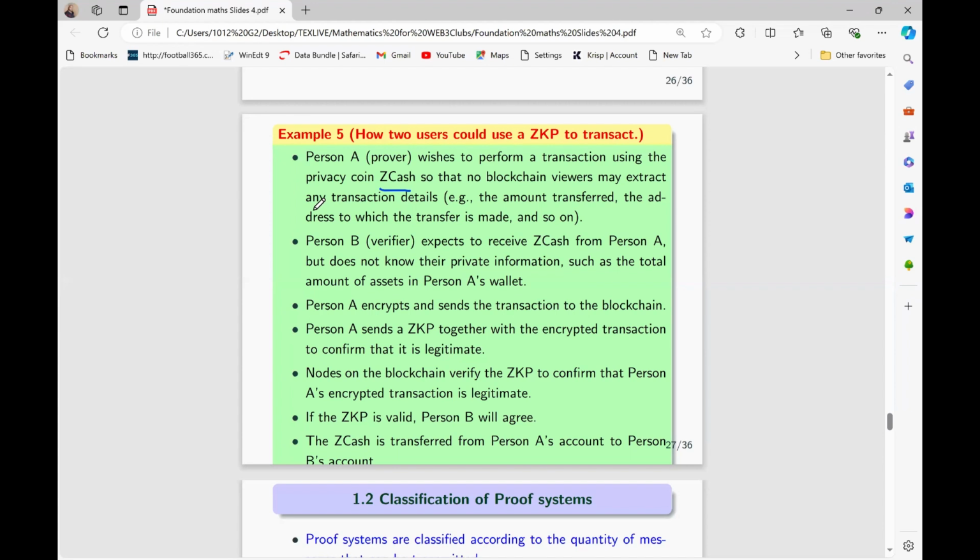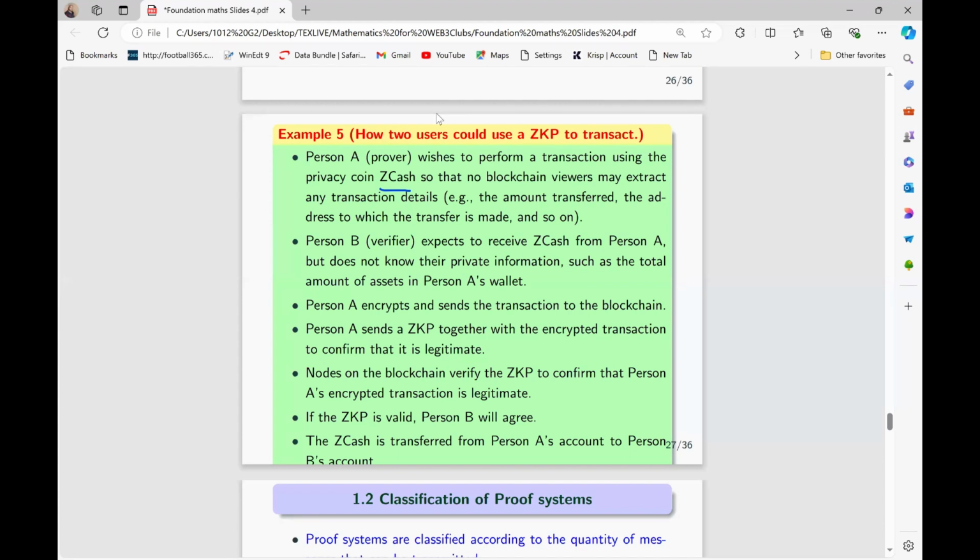The prover is the person who has the knowledge, the information, and he doesn't want this information to be revealed to the other person. The other person I'm referring to is the verifier.